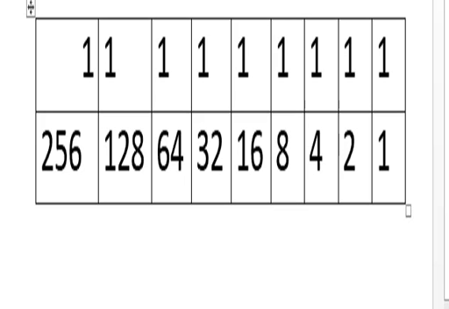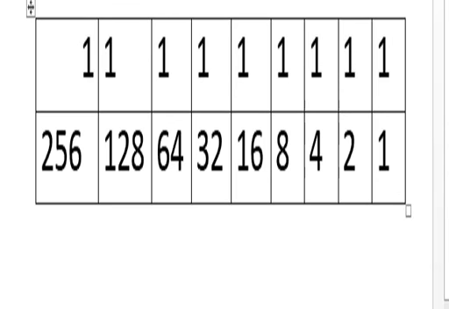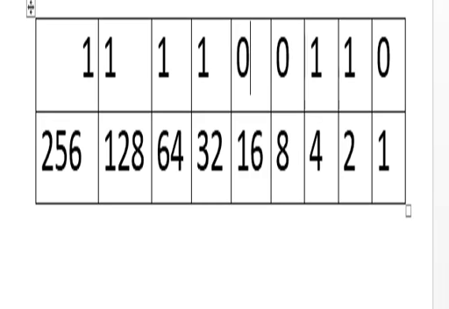So when all the binary digits are 1, it's equal to 511. For the most part, whichever binary digit is 1, you add those together with the corresponding power beneath it.